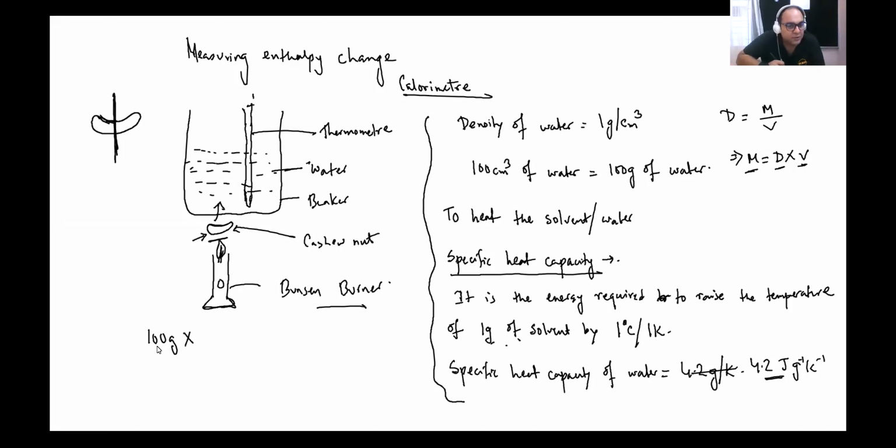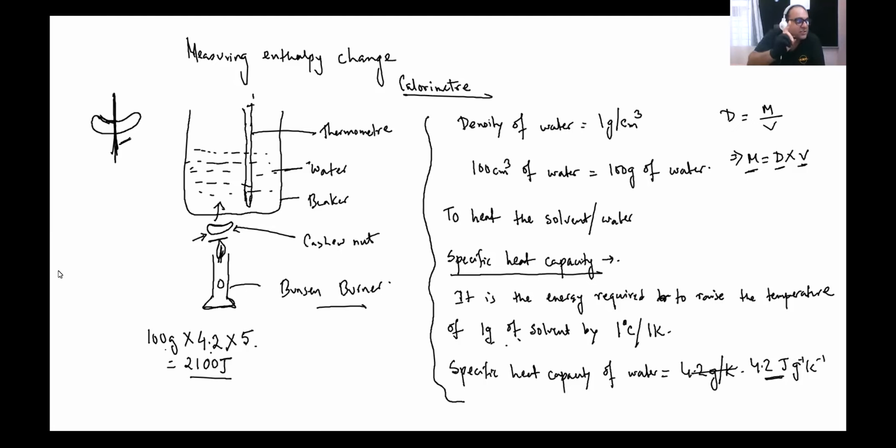So it's 100 into 4.2 into the temperature change. Suppose your initial temperature was room temperature, which is 25, and now it has become 30. So what is the change in temperature? 5. So 100 gram into 4.2 into 5 is 2100 joule of energy was released by this half of the cashew nut.